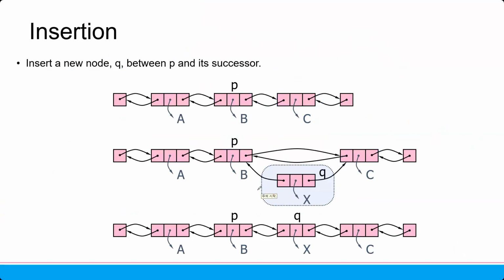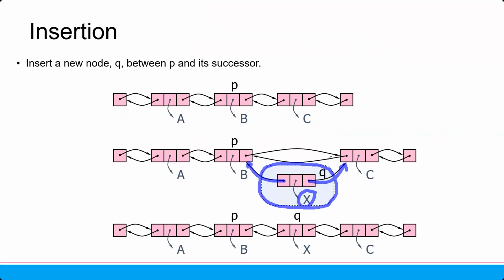Then we will do a new node generation. We will construct a new node. We will add what is the element, and then we will connect. The previous element would be this node, and the next element will be this node.